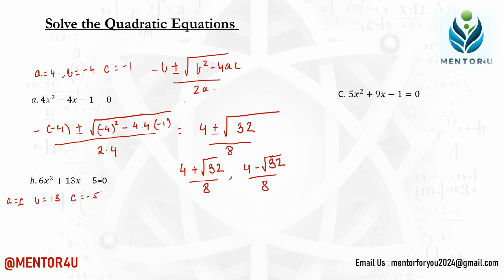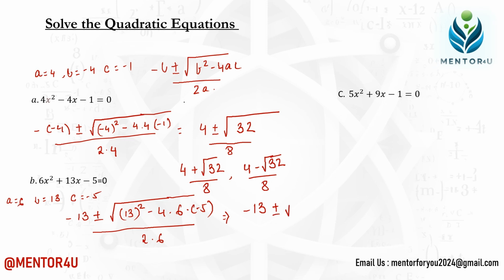So again we can use that formula, minus b plus minus root of b square, which is 13 square, minus 4 multiplied by 6 multiplied by minus 5, divided by 2 multiplied by 6. So 13 square is 169 plus 120, and that will be 289.